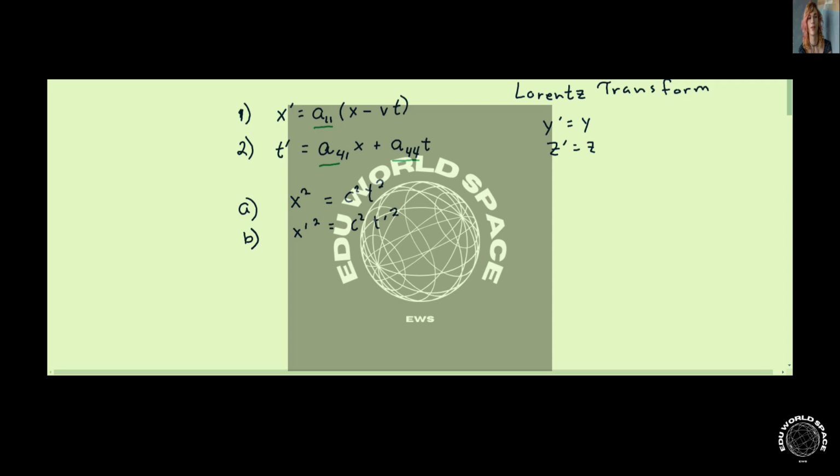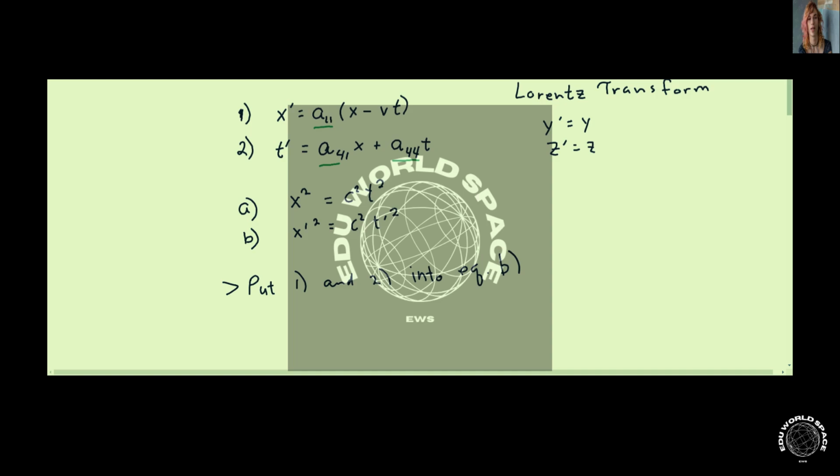But basically what you want to do is put 1 and 2 into equation B. And that will give us a quadratic. So we'll have to expand some binomials.